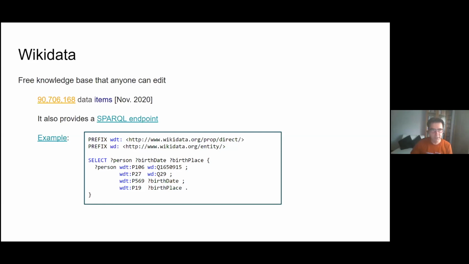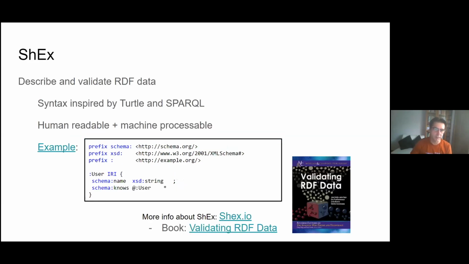Okay, so let's continue. So that was ShEx. As you can see, ShEx is not just for Wikidata. Nowadays ShEx is used by Wikidata, and that's a very interesting use case. But you can use ShEx in other situations where you have RDF data and you want to describe that data.